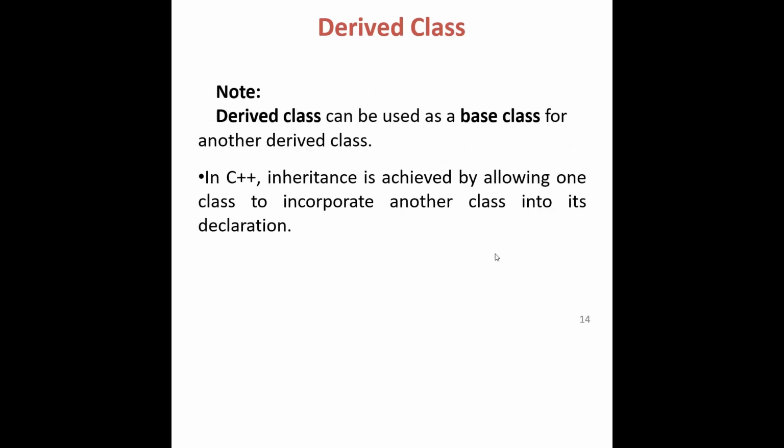Note, a derived class can be used as a base class for another derived class, just as we have discussed in multi-level inheritance. In C++, inheritance is achieved by allowing one class to incorporate another class into its declaration.